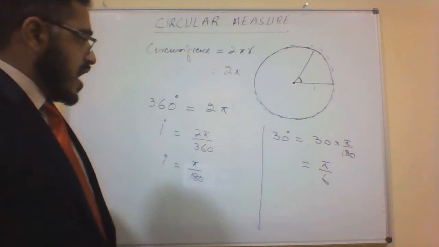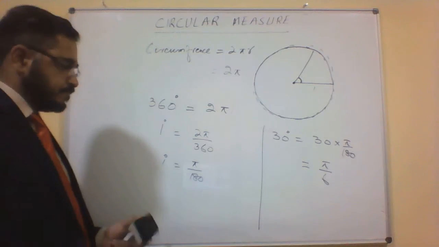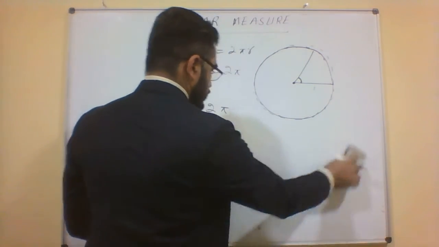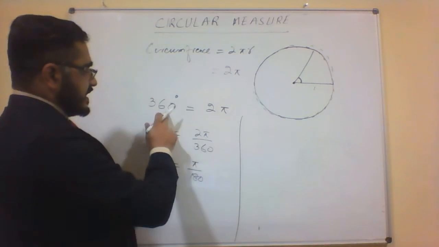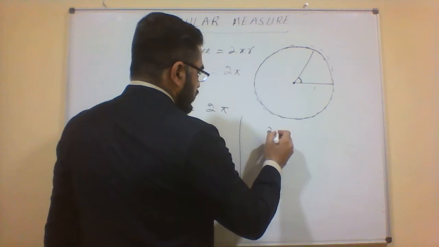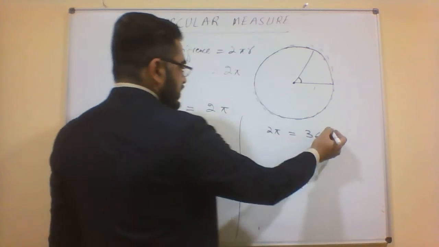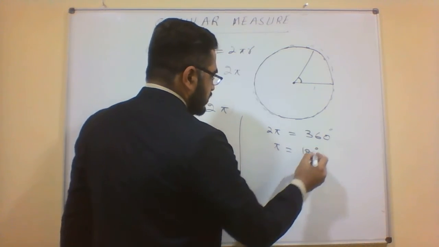Now how can we convert from radian to degree? As here we get the relation, 2 pi radian is equal to 360 degrees. Pi radian is equal to 180 degrees, dividing throughout by 2.